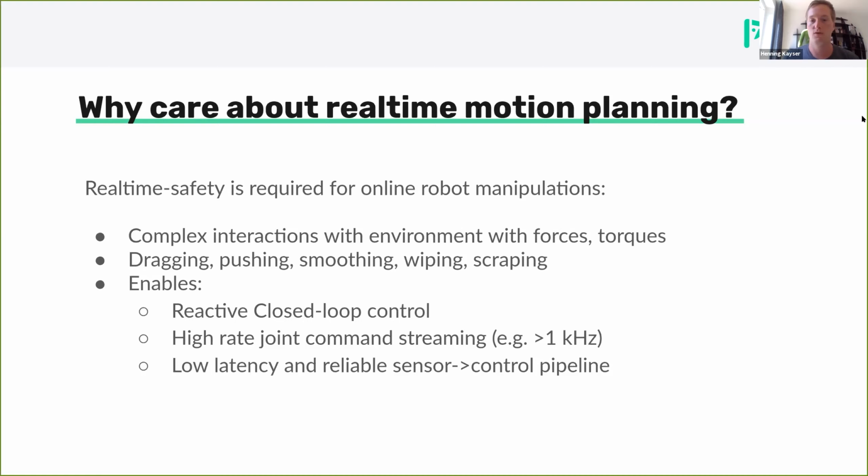The high rate joint command streaming applies real-time safety for communicating with the controllers. And then we want to have a really low latency chain from sensor to the control pipeline. That not only plays a role for open loop control and closed loop control, but also for online planning. So we have different use cases for that.